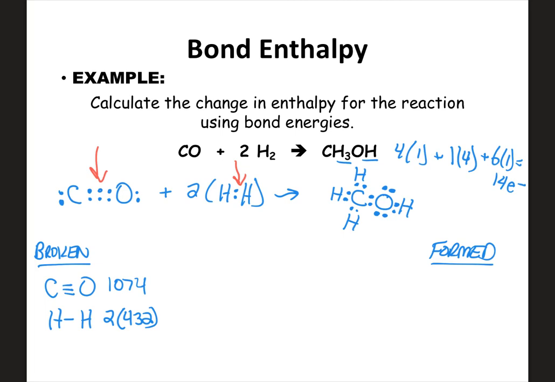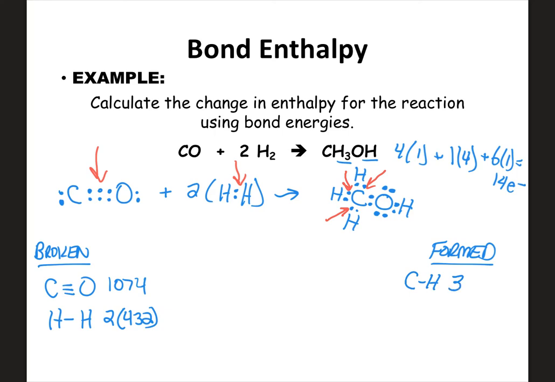So now I'm ready to move over to my forming side. You just got to be careful here. Sometimes when these dot structures get a little more complicated, you want to make sure that you're not missing any bonds. So the first bond I see is this CH single bond right here. But you need to realize there's a CH single bond here, and there's another CH single bond right there. So I'm forming a CH single bond, but there are going to be 3 of them.